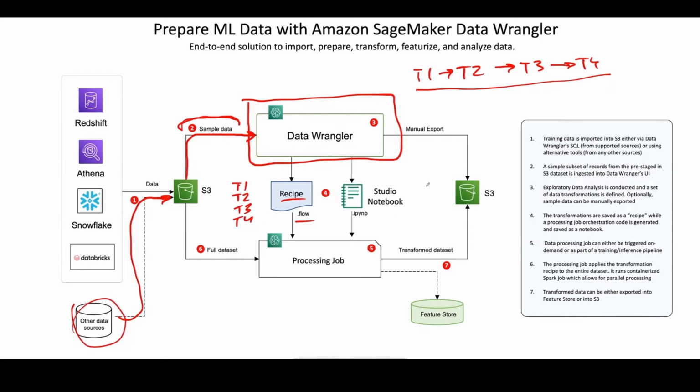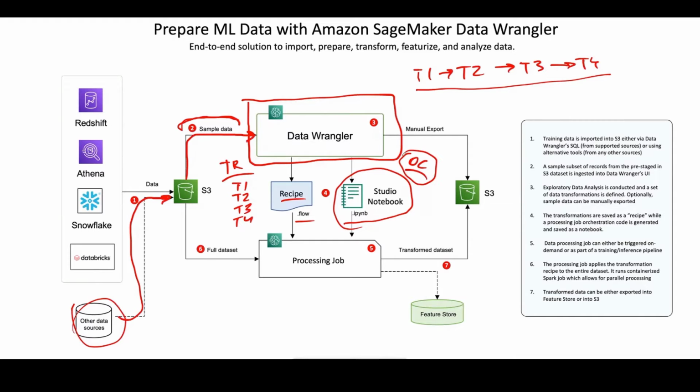The other artifact that Data Wrangler will produce at the end of our session is a Jupyter notebook with orchestration code. So transformation recipes here, orchestration code here.